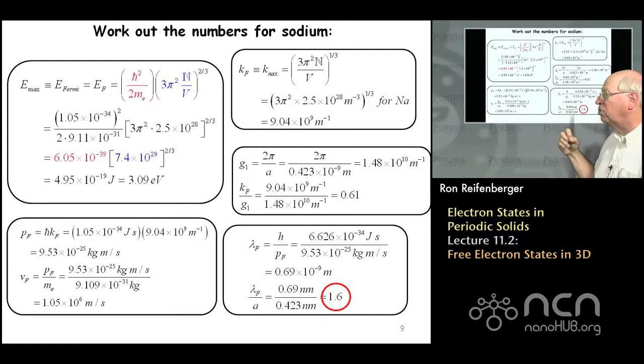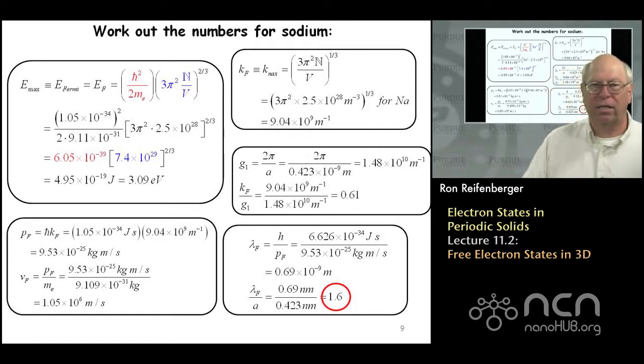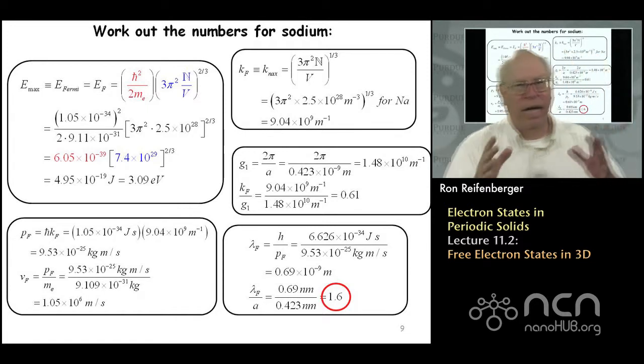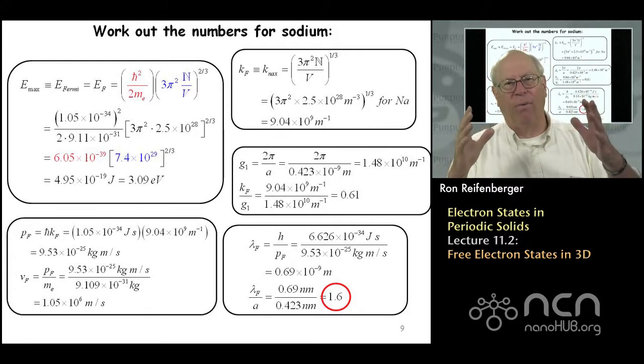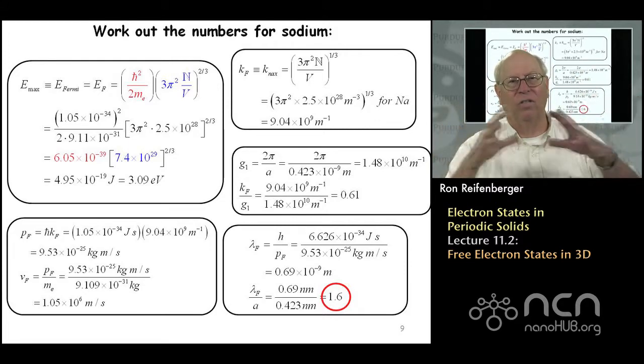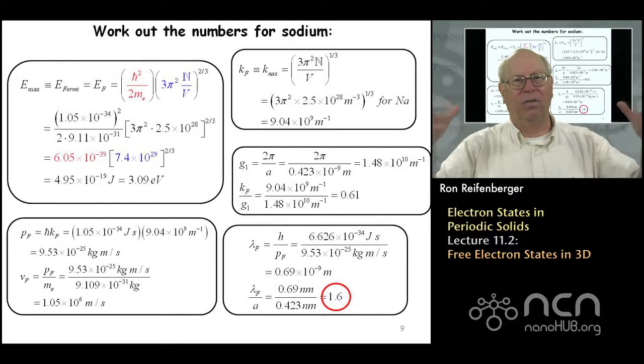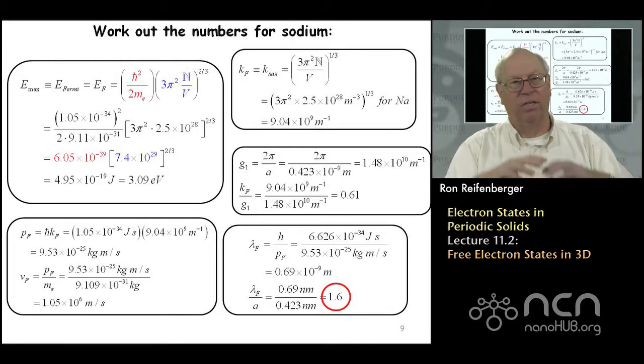When we work through those numbers, we get a number about 0.69 nanometers, and we compare 0.69 nanometers to the lattice constant of 0.42 nanometers for sodium, and we get a ratio of about 1.6, which means that the de Broglie wavelength of an electron moving in sodium is about 1.6 as large as the unit cell. So it exceeds the unit cell of sodium.